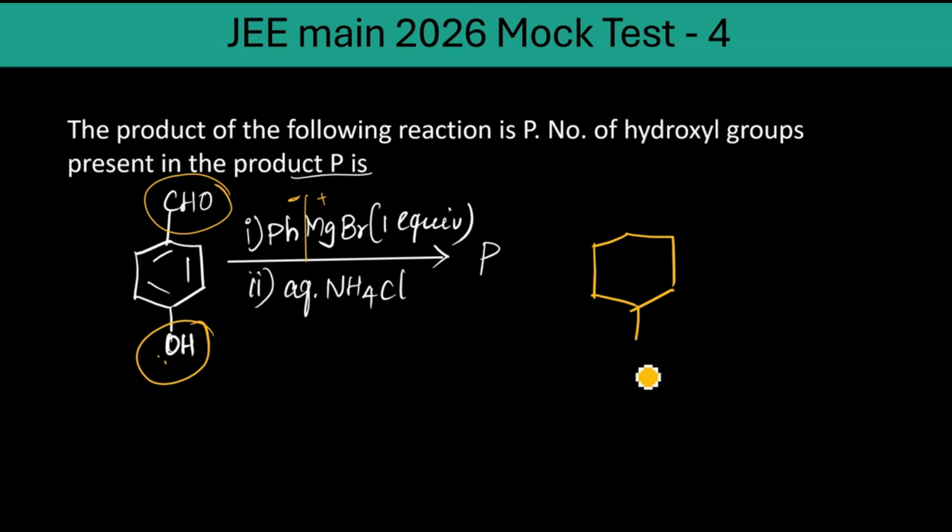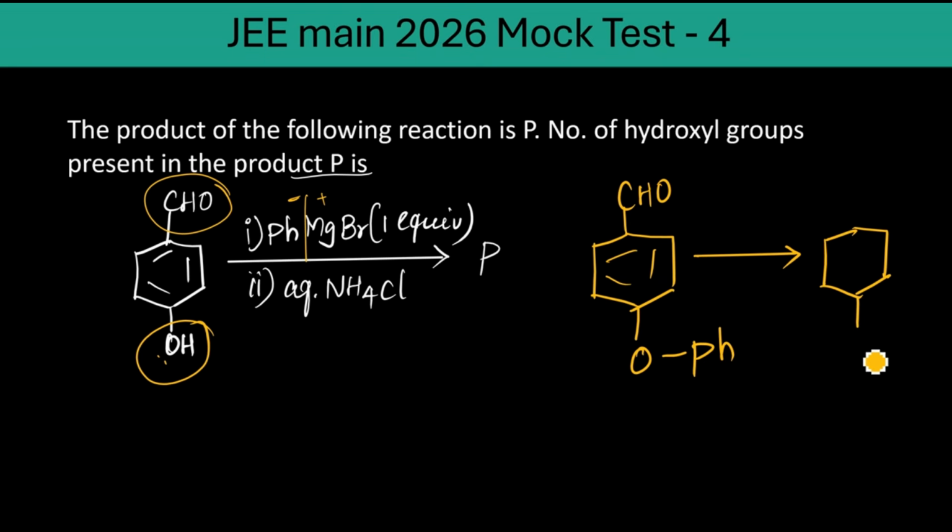So it can take from the O-H, and the CHO will remain in the same position, with aqueous NH4Cl leading to the formation of OH and CHO again, right? So the number of hydroxyl groups in the product is 1.